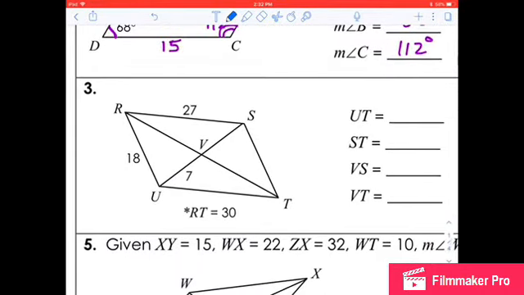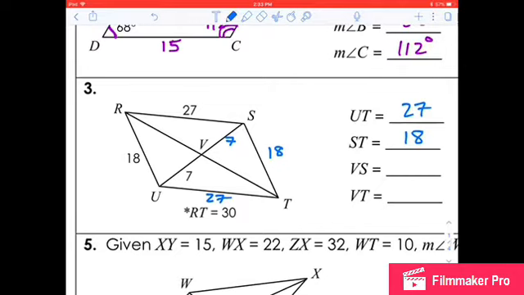So same thing here. This is a parallelogram, so 18 there means 18's on the other side. So ST. 27 there, that means 27's here. So TU or UT is 27. Okay, so now look at what we have here. 7, that means this is also 7.